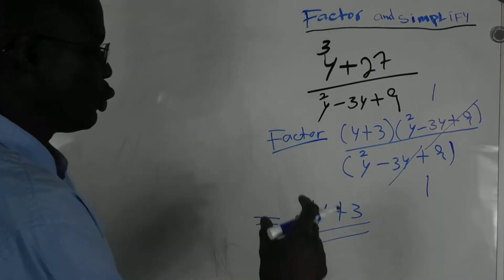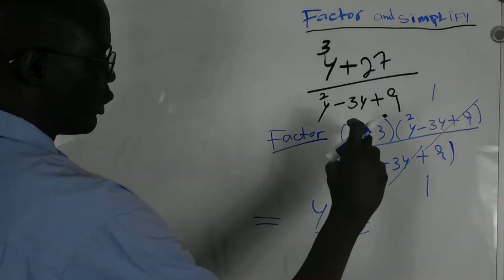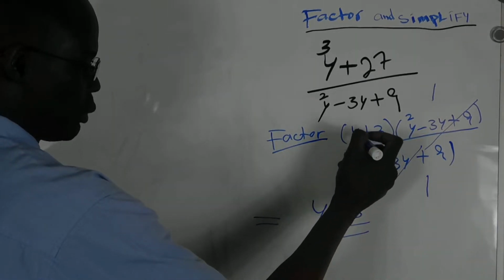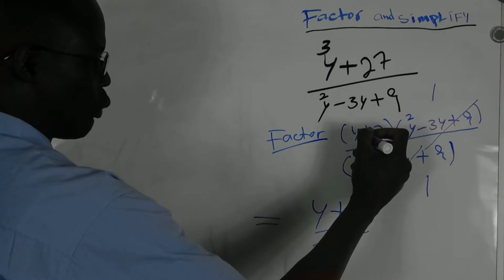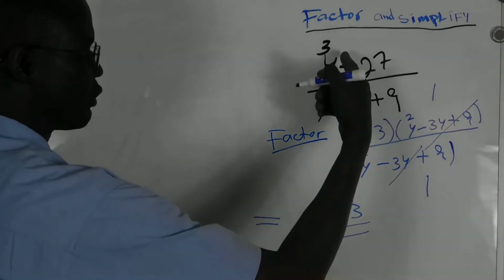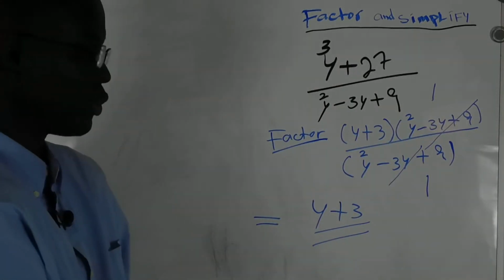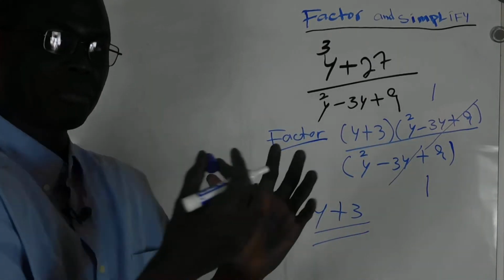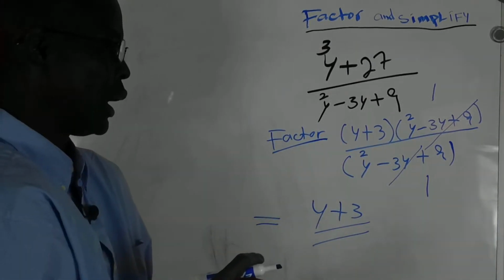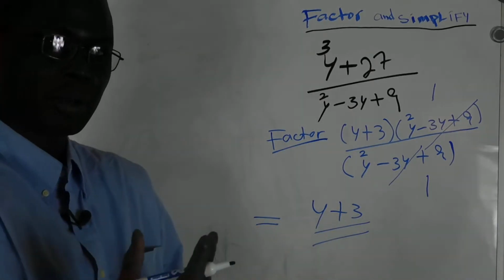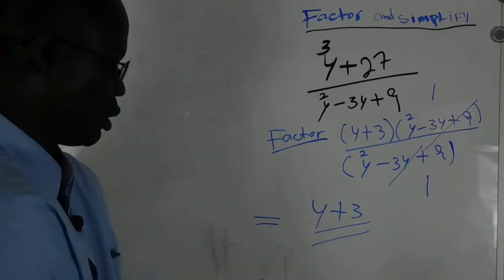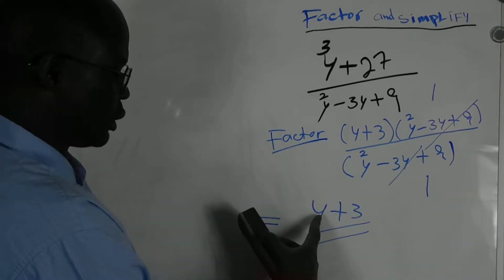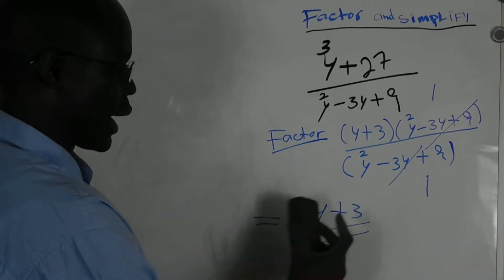And the way you can make sure you got it right is to multiply y plus 3 by this one. You're going to get the same answer on the top. So this is how simple it is, and this is how you solve a problem like this one. The answer should be 3 plus y.